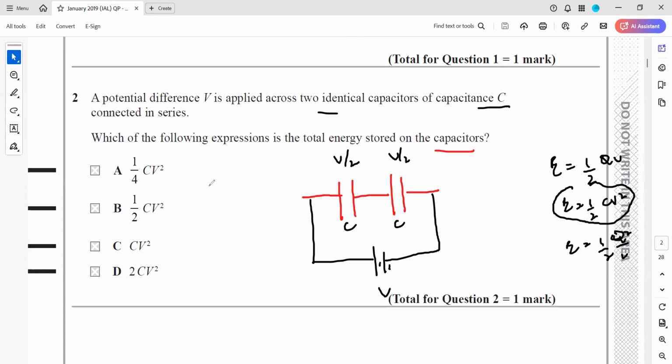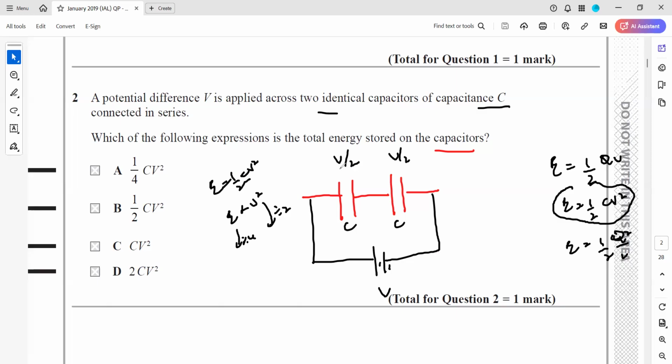So with E equals half CV square, C is constant, so energy stored is directly proportional to V square. If the voltage is divided by 2, the energy will be divided by 4, because it varies with the square. If voltage becomes half, energy stored will be a quarter.